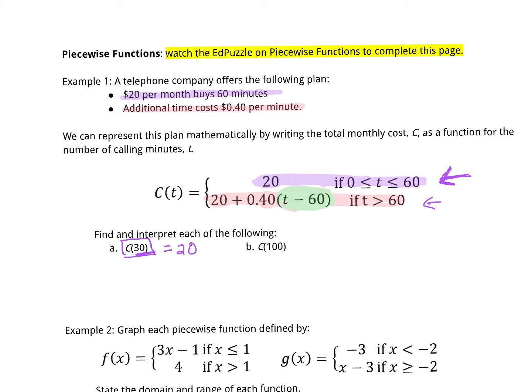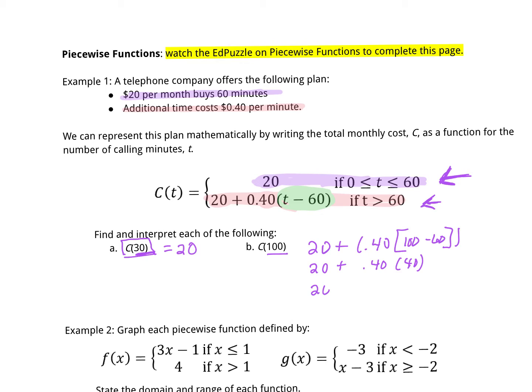Whereas if we talk for 100 minutes, we plug into this second equation. So 20 plus 0.40 times 100 minus 60. We do 20 plus 0.40 times 40.